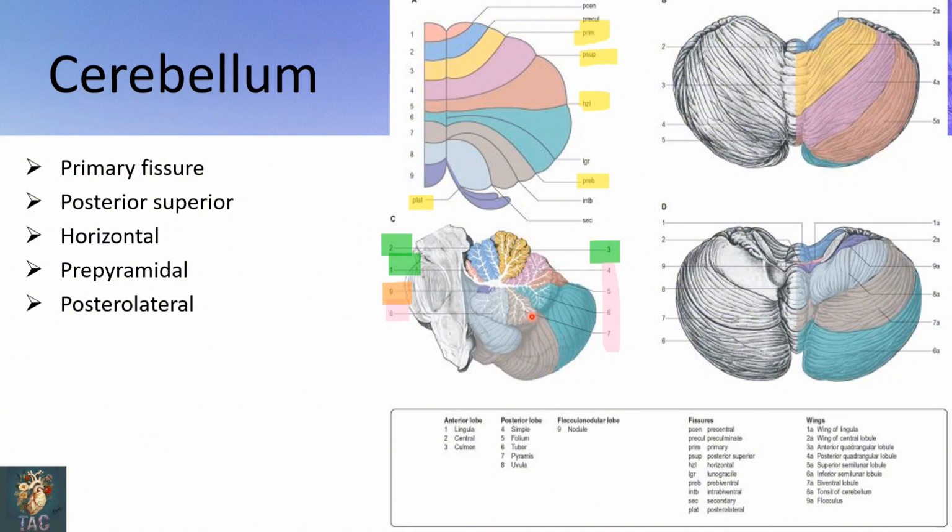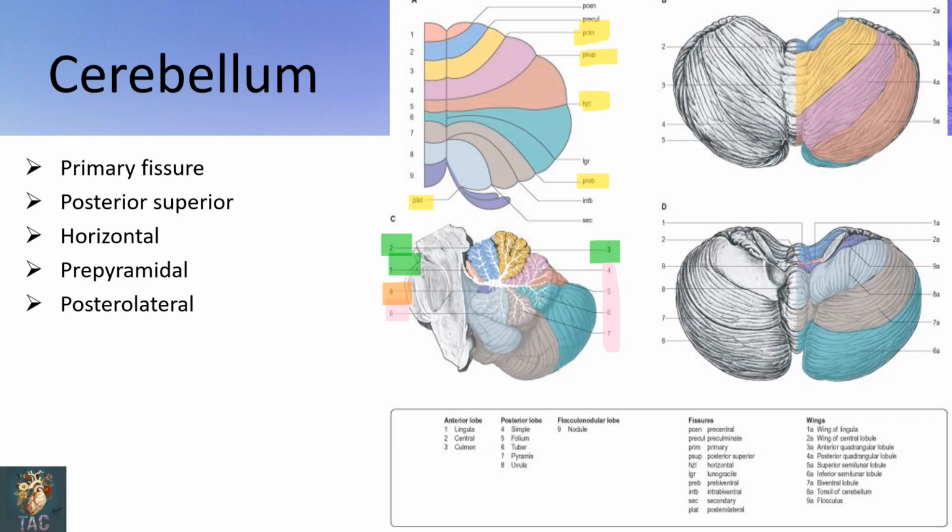Next to the tuber is the pyramid, and between these two is the prepyramidal sulcus. Then is the uvula, and next to the uvula is the nodule, which is part of the flocculonodular lobe. And here you can see the posterolateral fissure, which separates the flocculonodular lobe from the posterior lobe.